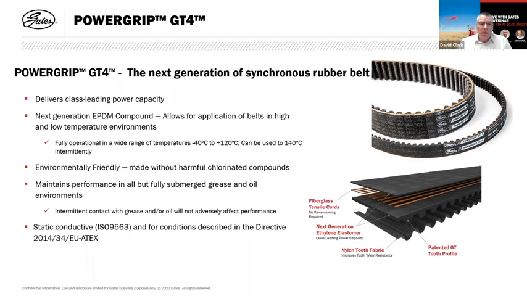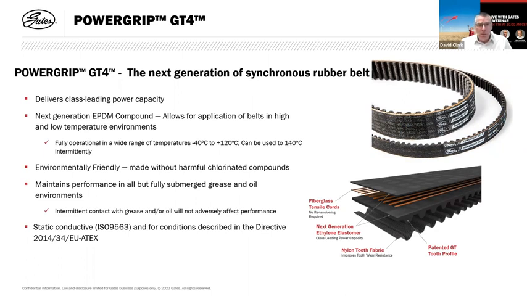One of the main drivers behind the development of the EPDM compound for our newer range of belts is that it is environmentally friendly. EPDM fundamentally does not contain chlorinated compounds.